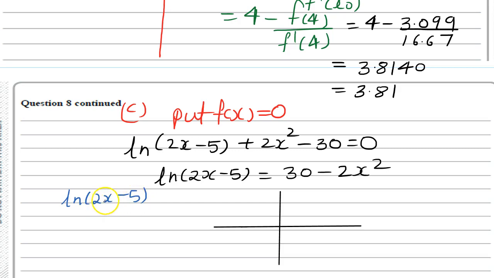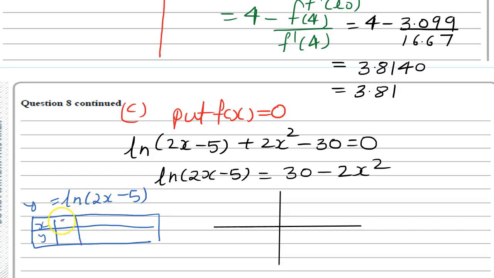So like a GCSE way, if you plot this value, let's put x, and suppose this is y. If you put x is equal to 2 here, then it is negative, so it is not going to be worth it.